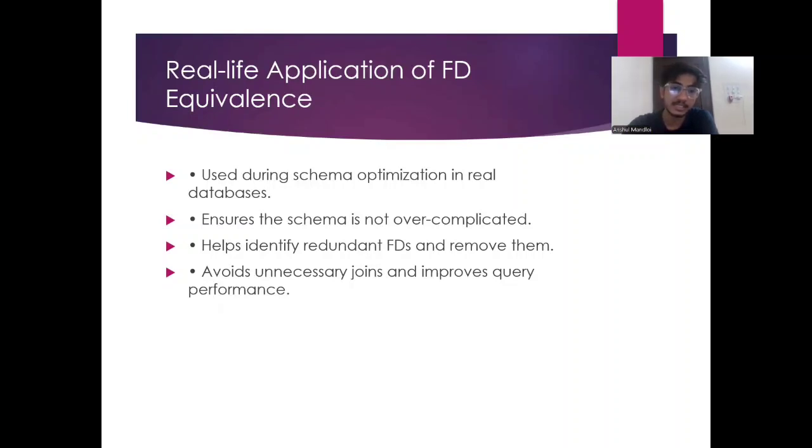Thirdly, it helps identify redundant FDs and remove them. It also helps in identifying the redundancy of functional dependencies and reducing them, or we can say removing them. Like anomalies, the more anomalies we can remove, the more consistent the database will be. And lastly, it avoids unnecessary joins and improves query performance.